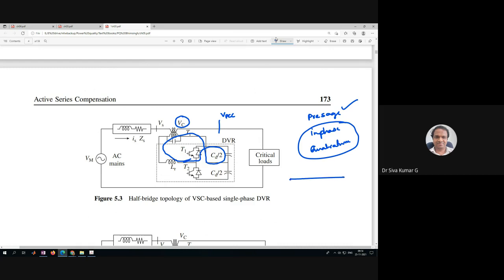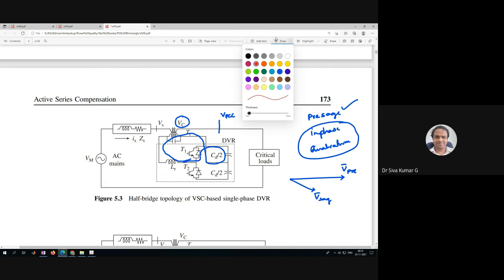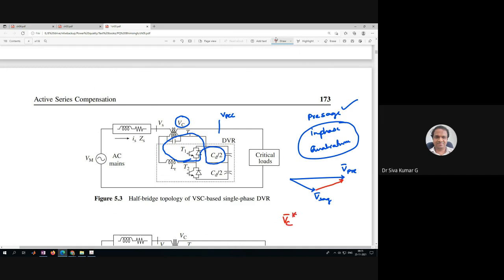How do you find the voltage to be injected? This is the pre-sag voltage, and this is the sag voltage. To find how much voltage is to be injected by the DVR, it is simple: the compensator voltage, V star, is equal to the pre-sag voltage minus VSAG.